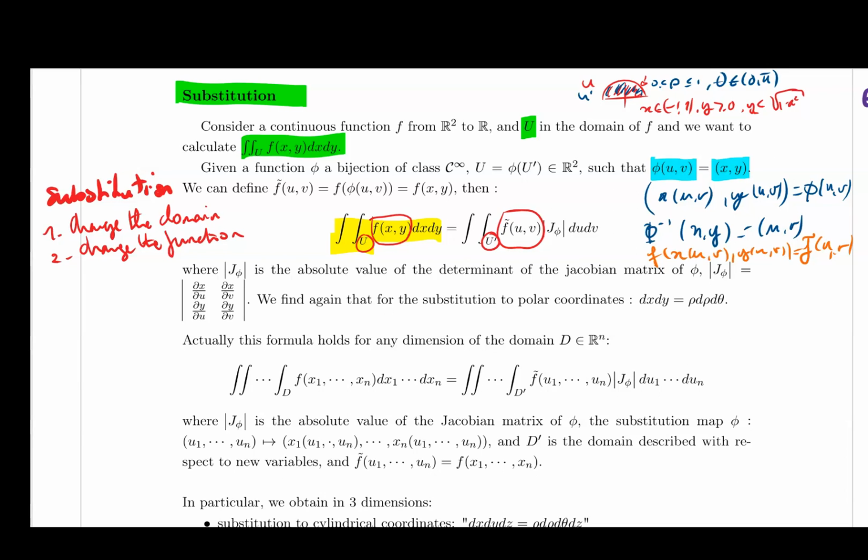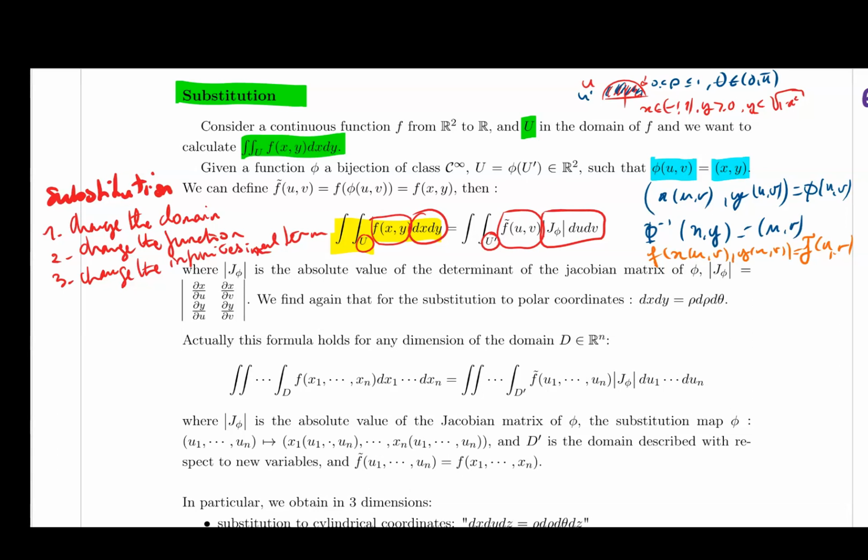And finally, last step, don't forget to change the infinitesimal term, and more on that name later. What do I mean by this? Here it's going to be the dx dy. That has to become some du dv, but you already know that that's going to come with something in front of it, which happens to be the absolute value of the determinant of the Jacobian matrix of the transformation.